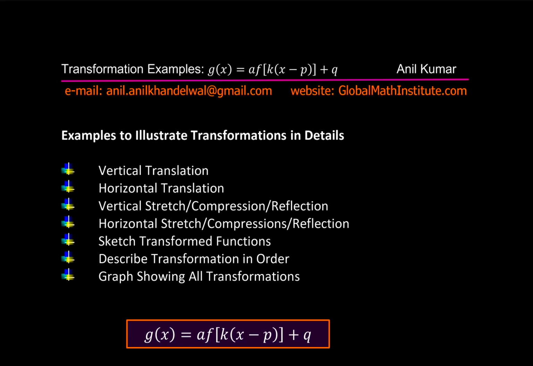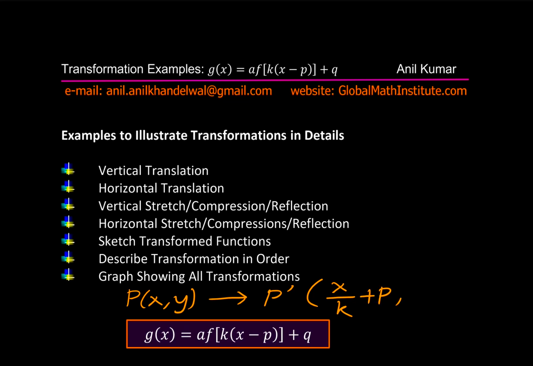In general, a transformed function is written as g of x is equal to a times f of k of x minus p, plus q. Now, if you have a transformed function like this, then any original point on the graph, P(x, y), a point on the graph of f of x, will have its image where the x value will be divided by k, and then the p value will be added to it.